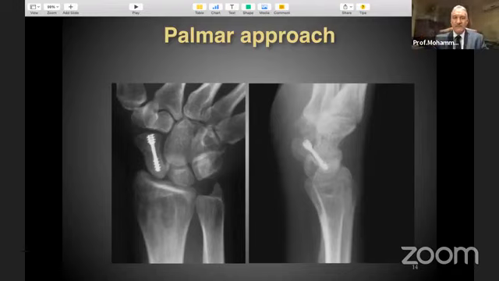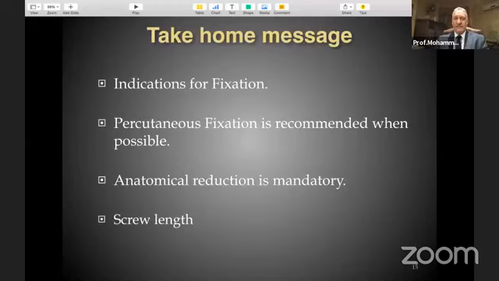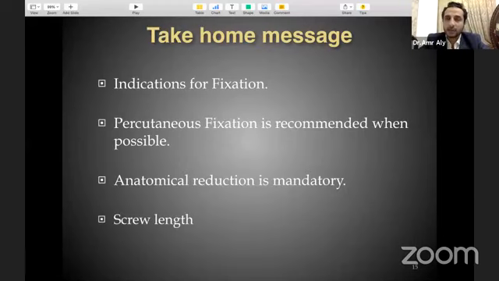That's very important. So as a take-home message, we should all stick to the indications for fixation, which are displacement of more than 1 millimeter, or comminution, or an increased interscaphoid angle in the PA or lateral view. If it is possible to fix the fracture percutaneously, that is recommended over doing it open.